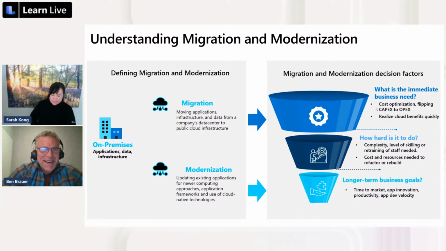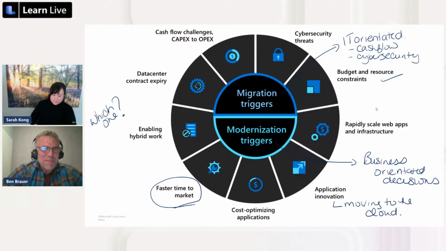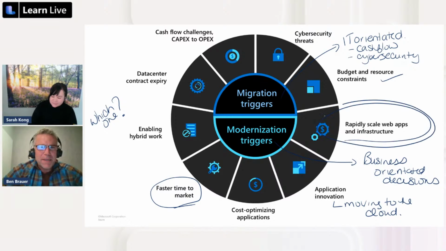Yes, I left one on that last slide, and I did that because it's maybe the most important one, and it sits in between modernization and migration: scaling rapidly. When you scale rapidly, what you're effectively saying is that there is some demand spikiness or cyclical nature to that application, or you're a fast-growing startup and you don't know how much capacity you're going to need for this workload, so you want to make sure you have enough resources to meet the demand as you grow.